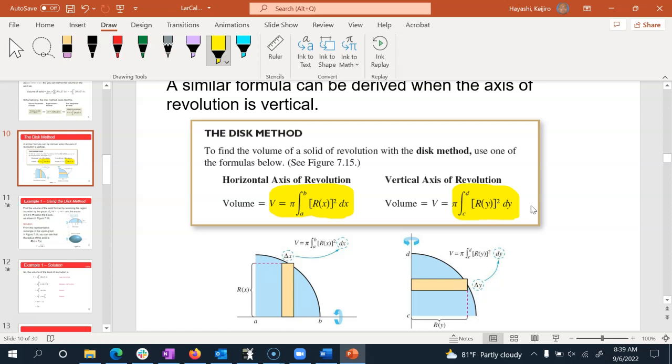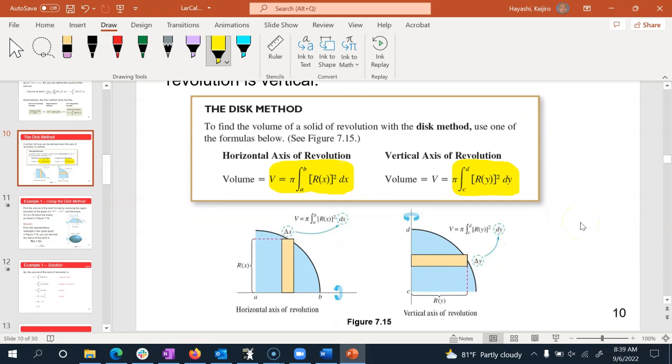So if you're using the disk method, as this is what this is about, and you're rotating it around a horizontal axis of revolution, you can imagine that you're taking the shape and slicing it up into a bunch of tiny little slices, like this, and then rotating these slices around to form thin little disks.